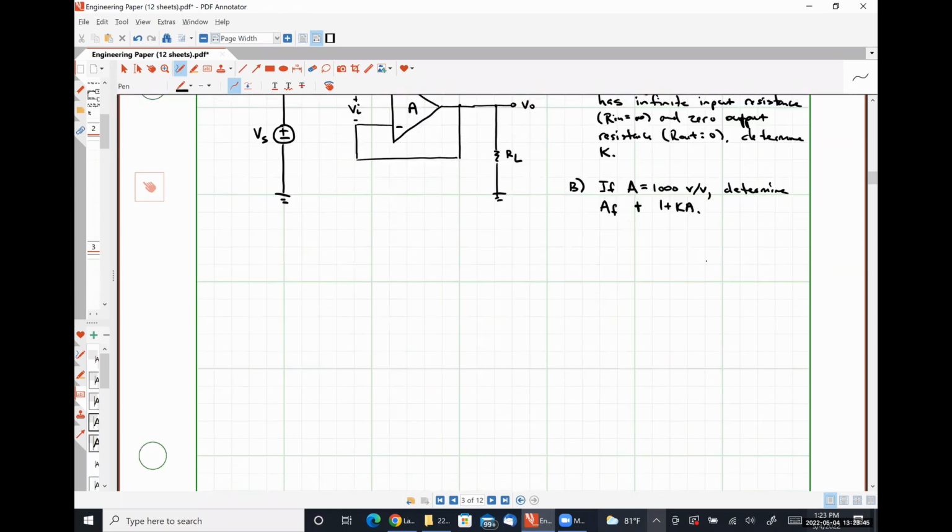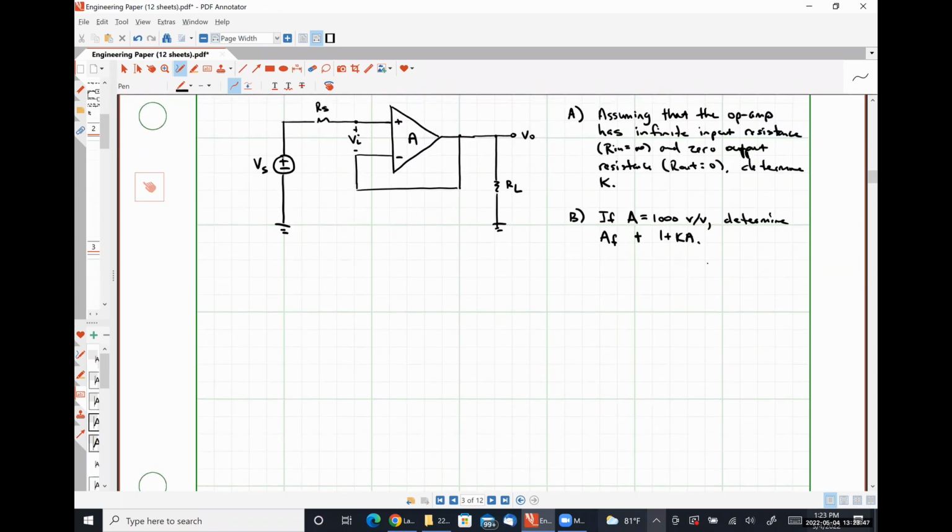So starting with our practical op amp model, we would have our input voltage to the amplifier, VI, because our input resistance in this case is infinitely large. I'm just going to leave that as an open circuit for right now.